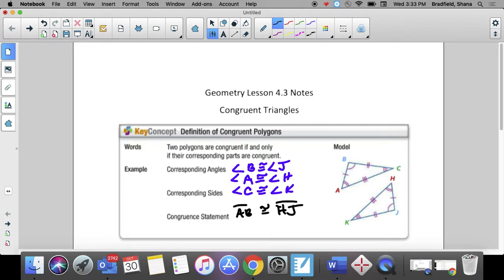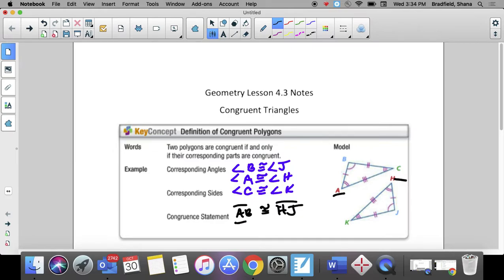And I chose to put HJ because A has two congruence markers, and it's the first letter I listed, and H has two congruence markers, and it's the first letter I listed. So that's how I base it, on the congruence markers of the angles.